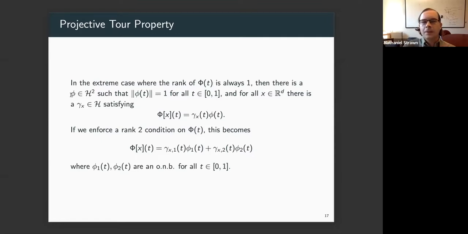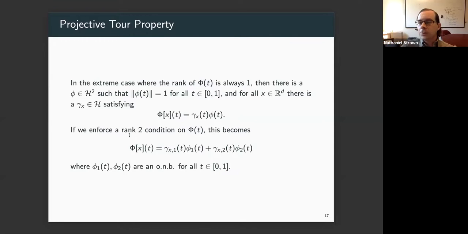Well, then there would exist a phi in H^2 such that the norm of phi is 1 for all t, and for all x there is a gamma x in H satisfying phi of x of t would be gamma x of t times phi of t. So essentially, all you would be allowed to do is you would have a particular function that you map to, and then you would be able to use a scalar multiplier times that function, right? So your directions would always be the same, and you would just have a different multiplier.